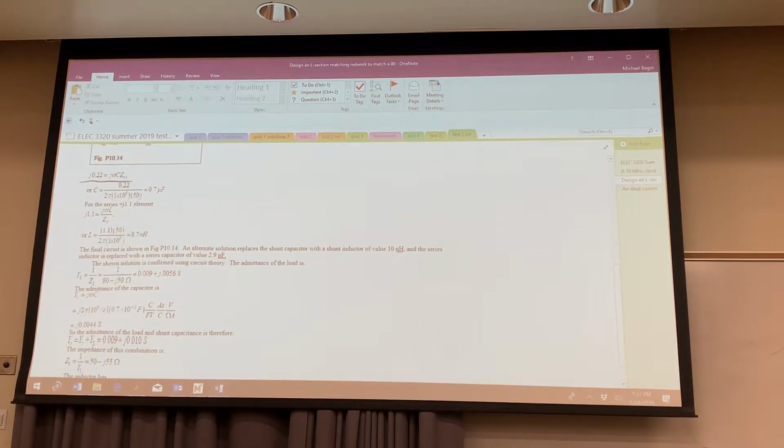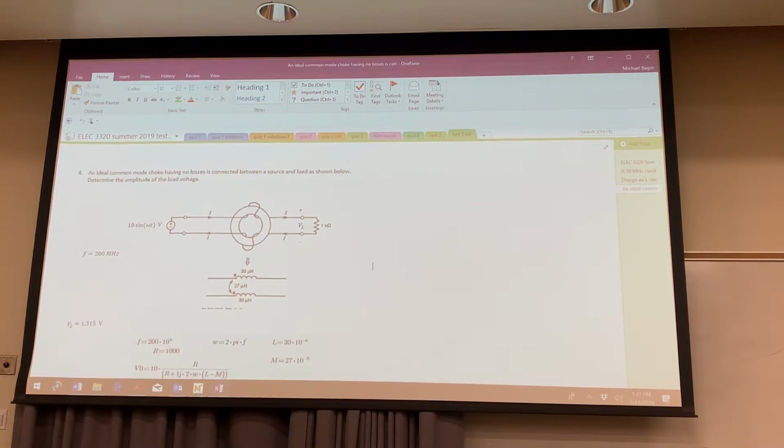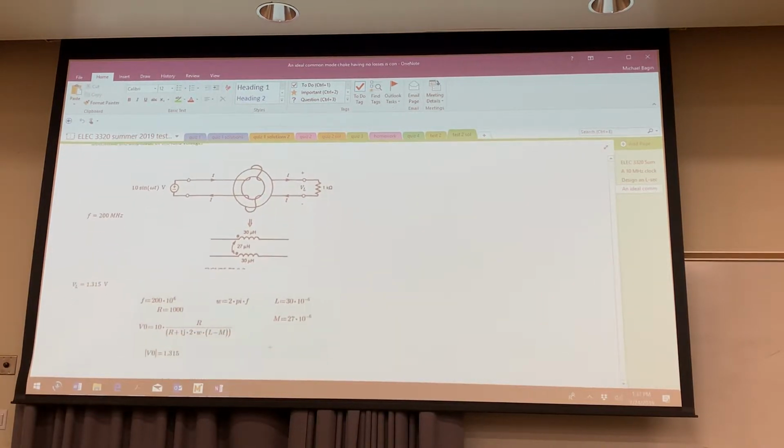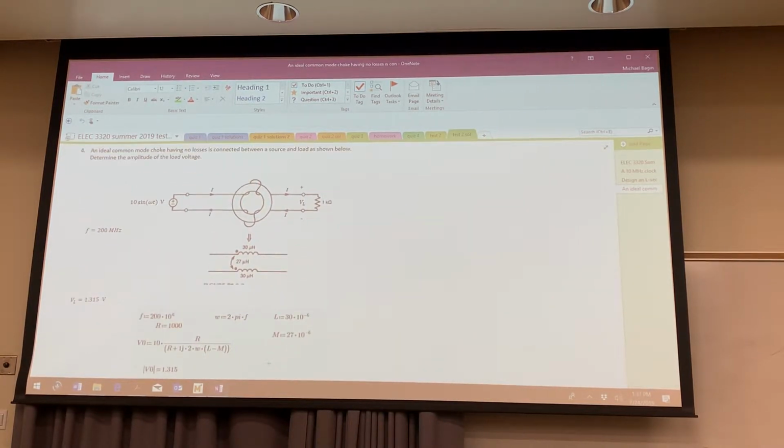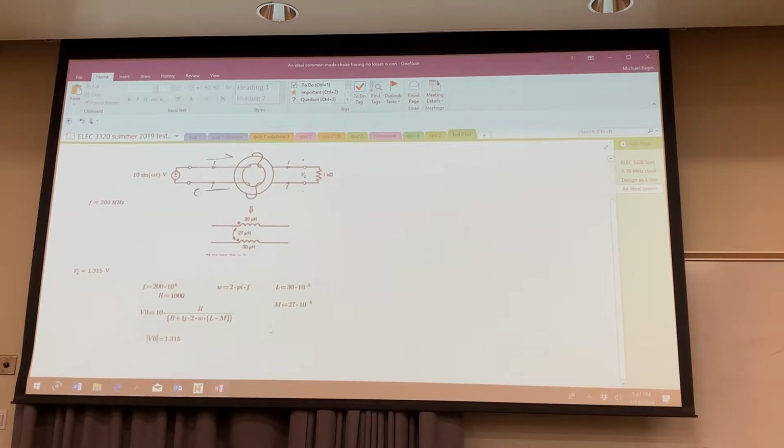Okay. Then the last one, this is the common mode thing. Because the currents are differential, that means I'm in the differential mode, or the impedance of this is simply going to be of that element. It can be drawn like this.